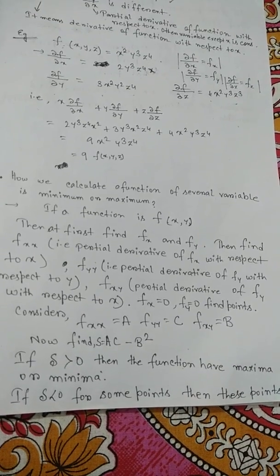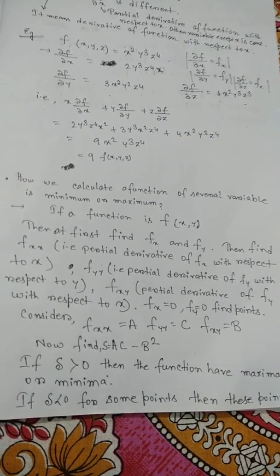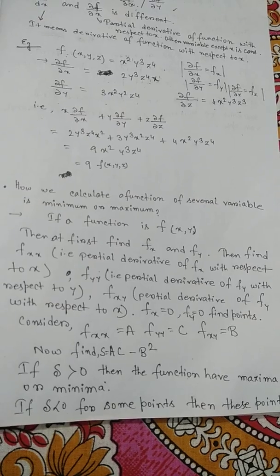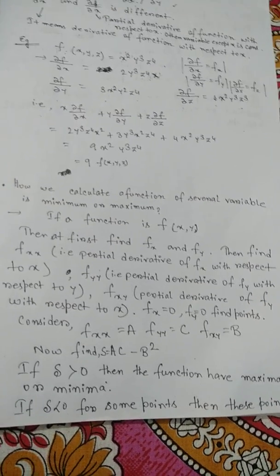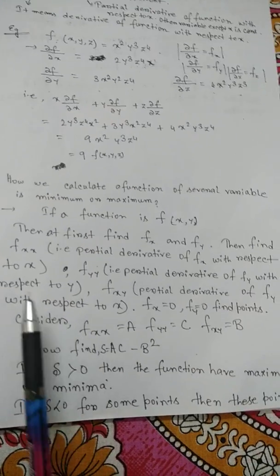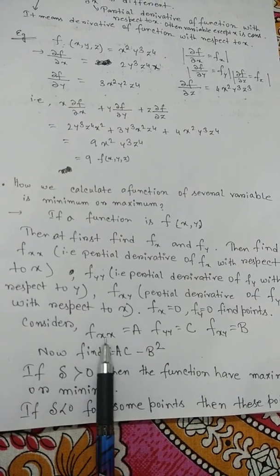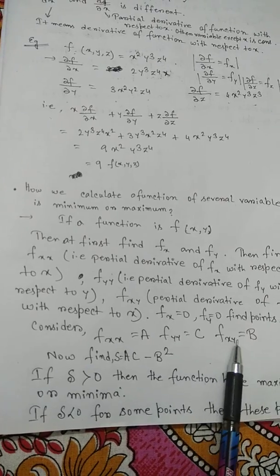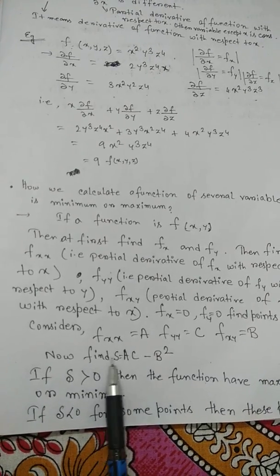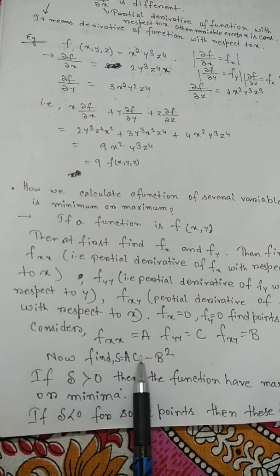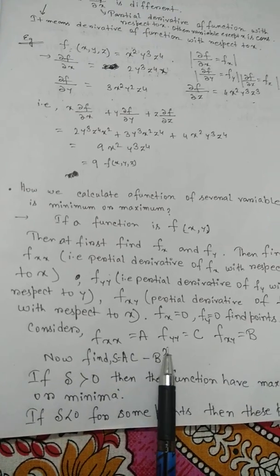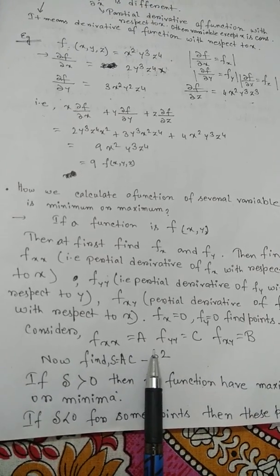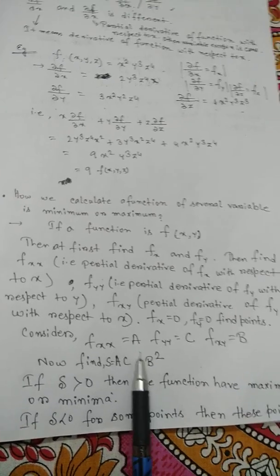Okay, the points are called stationary points. Now consider fxx equal to a, fyy equal to c, and fxy equal to b. Now first find s equal to ac minus b square at each and every stationary point.